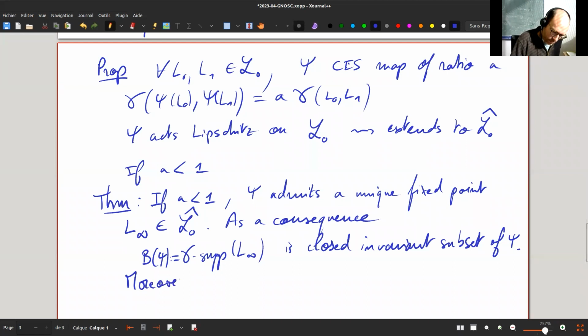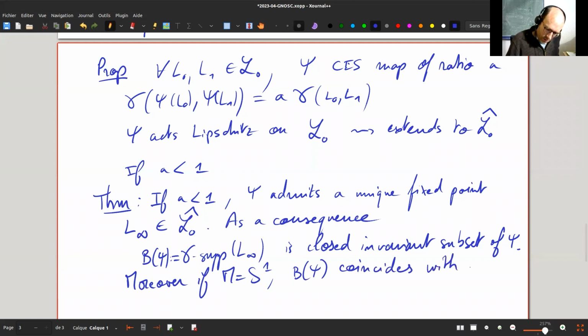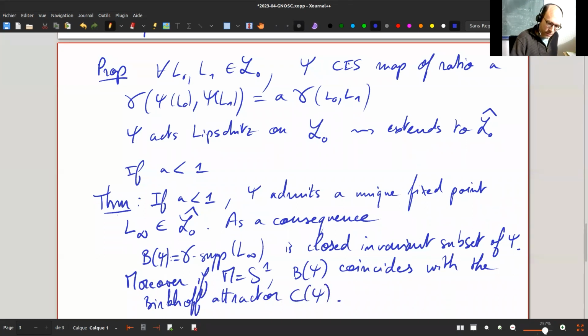Moreover, if M is equal to S1, B of psi coincides with the Birkhoff attractor C of psi that I just defined.